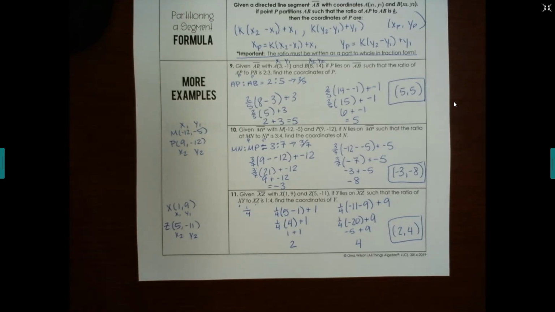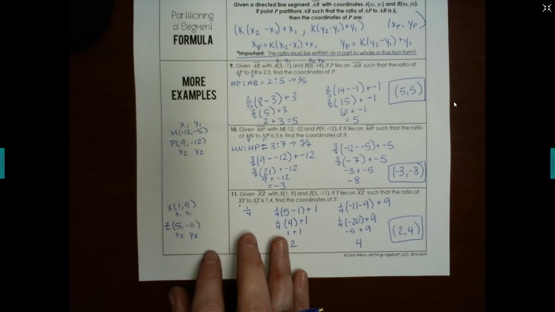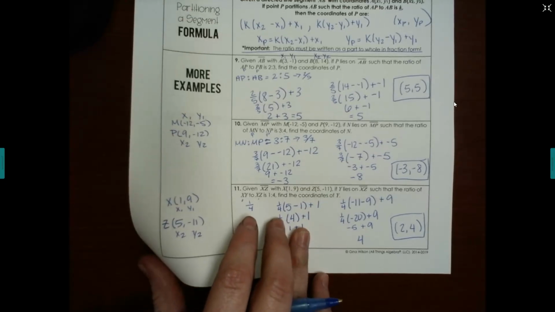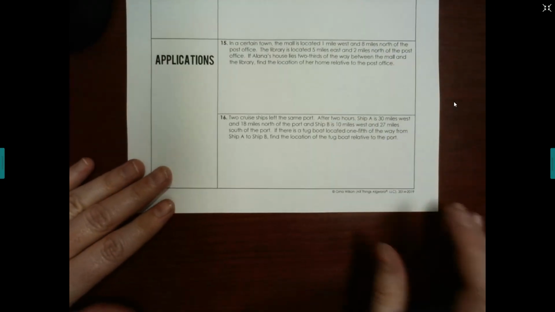Okay, so we've done some practice doing partitioning with the formula. Like I said, I'll leave 12, 13, and 14 for you to do yourself, and then we'll move on to the applications, which are 15 and 16.